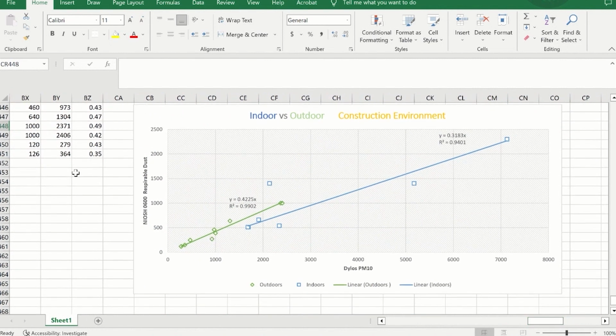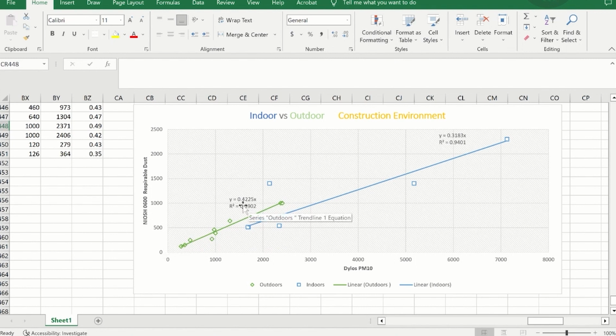Now, as I pointed out, for my Dialos samples in a construction environment, not stone shop, I clearly had a difference in indoor and outdoor. And this is what the correction factor is, the slope of this line of best fit. Here are my data points, my PM10 compared to the side-by-side residual dust sample, and you can draw a nice straight line as you go up in concentration.